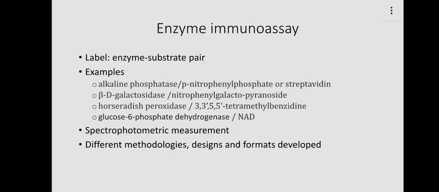For example, you can have a product which absorbs well at a given wavelength, while the substrate does not absorb significantly, if you are talking of a spectrophotometric measurement. This way, you are able to measure the intensity of absorption as a function of the product formed.